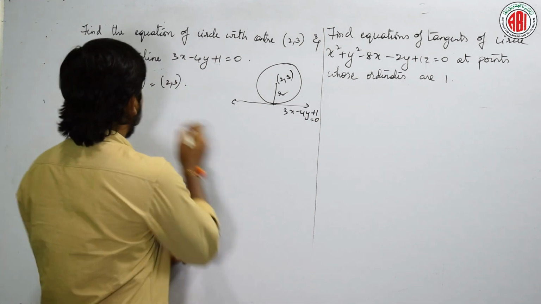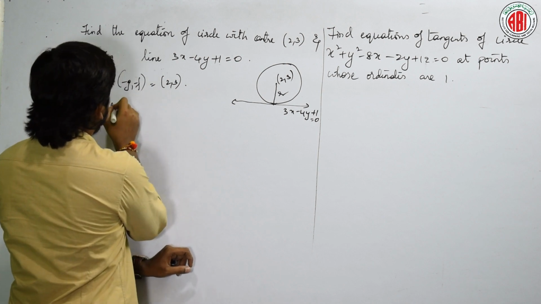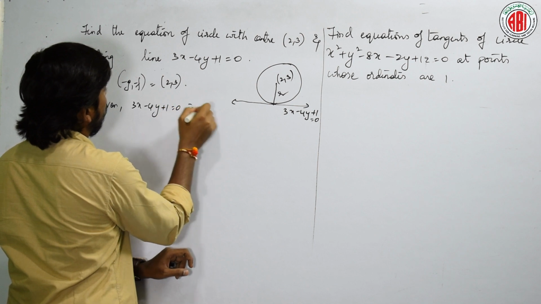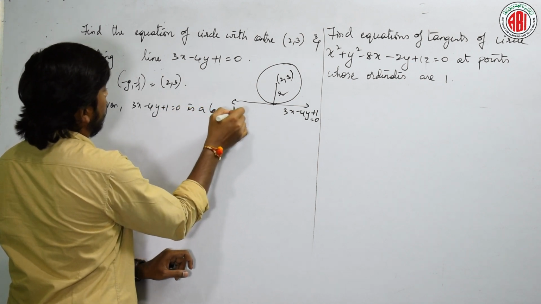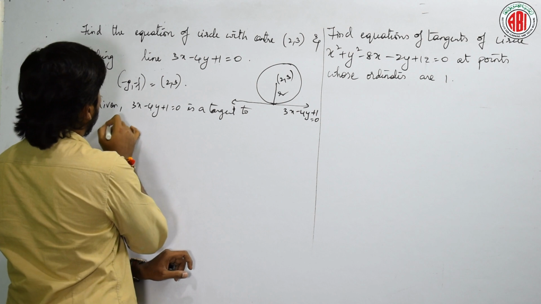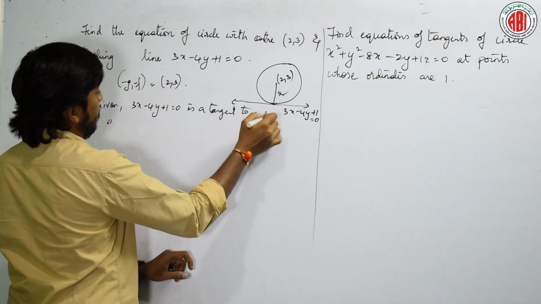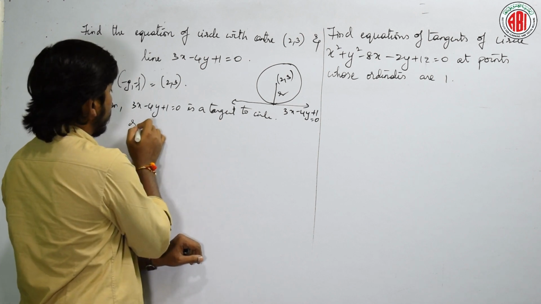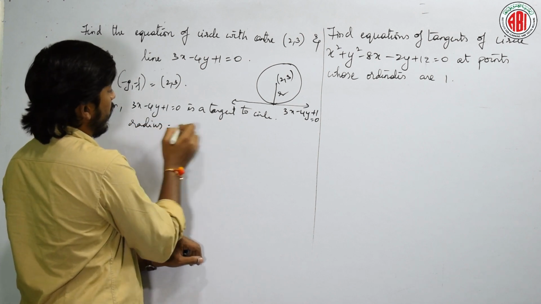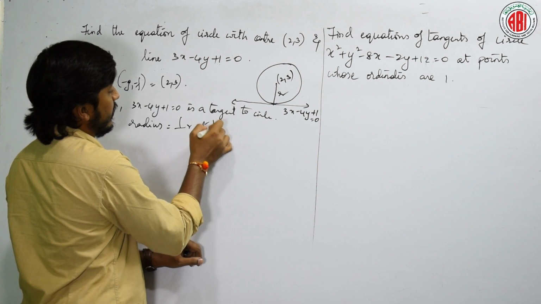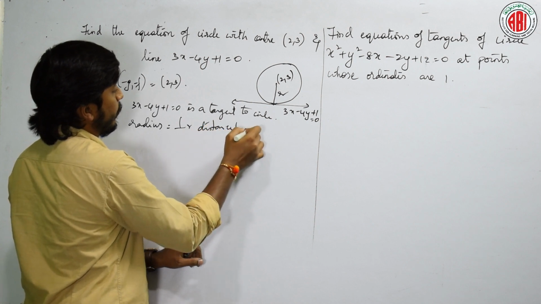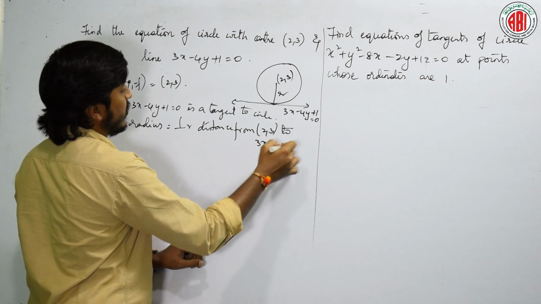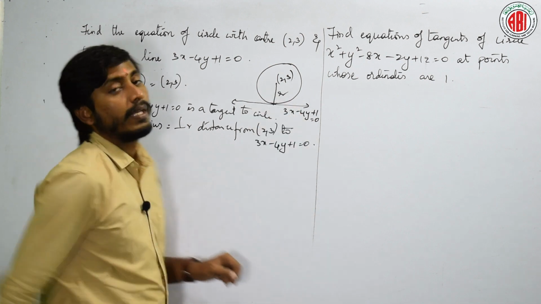Given 3x minus 4y plus 1 equals 0 is a tangent to the circle. So the condition is: the radius of the circle is equal to the perpendicular distance from (2, 3) to 3x minus 4y plus 1 equals 0.